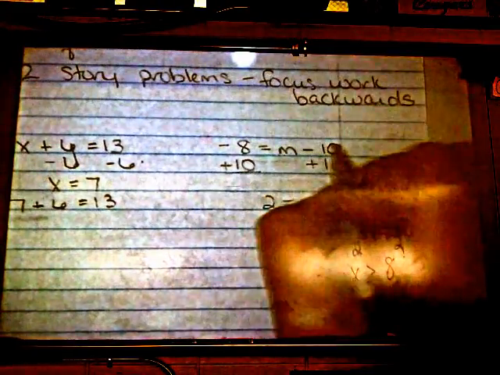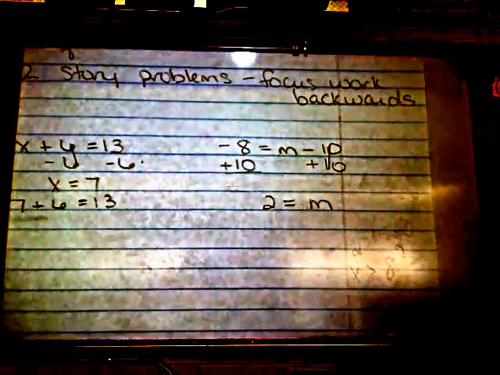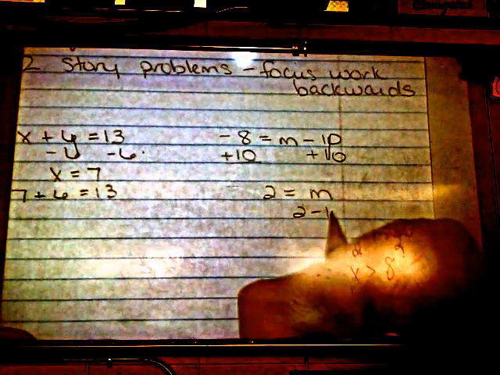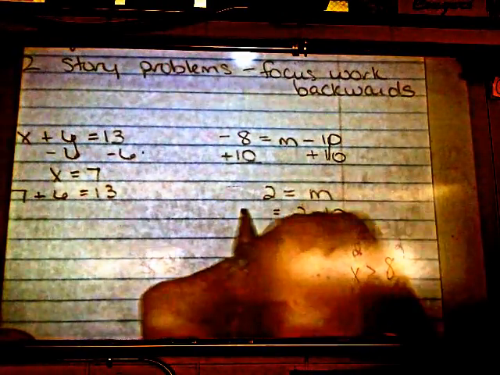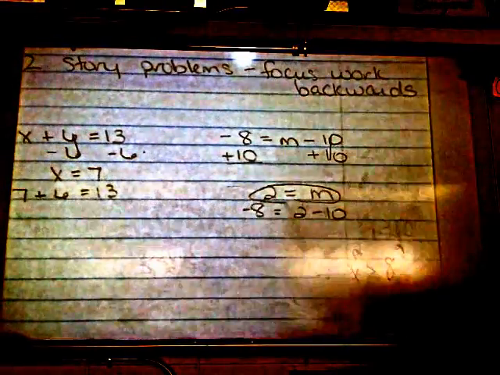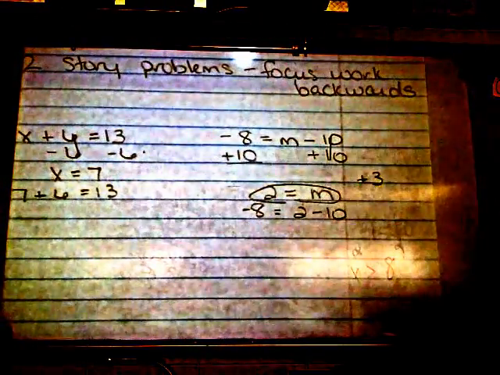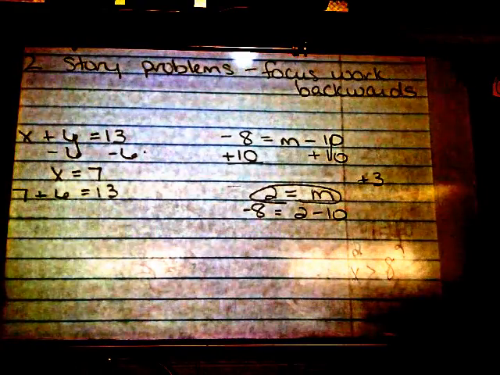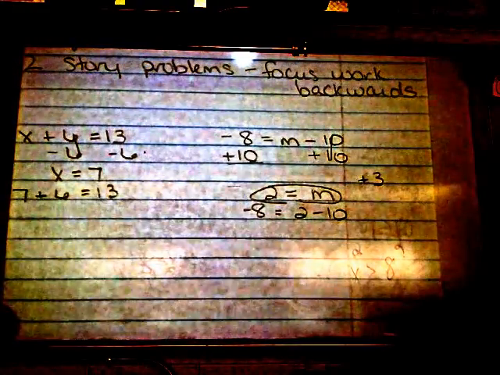And 2 is going to equal m. So now I'm going to check it. 2 minus 10 does give me negative 8. Okay, so it does work. Again, that would be another one with 3 points. So you will have a few one-step equations where you need to show your work.